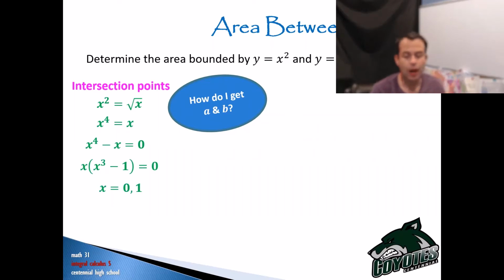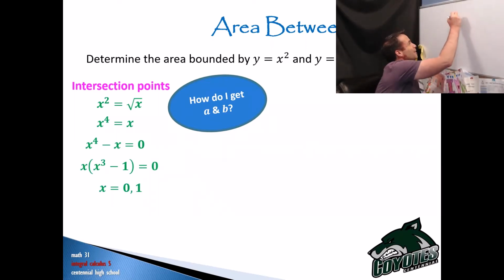Now I have a rough idea, or I should, of what x squared looks like, and I have a rough idea of what root x should look like. And I know that my intersection points are at 0 and 1.